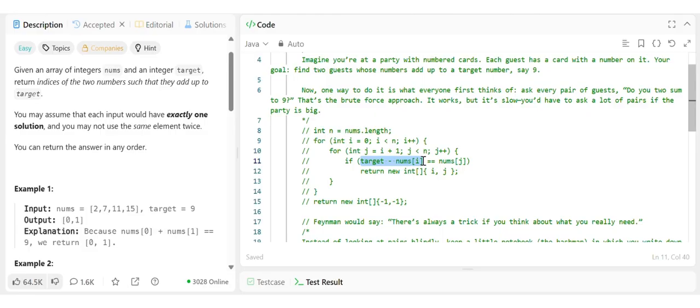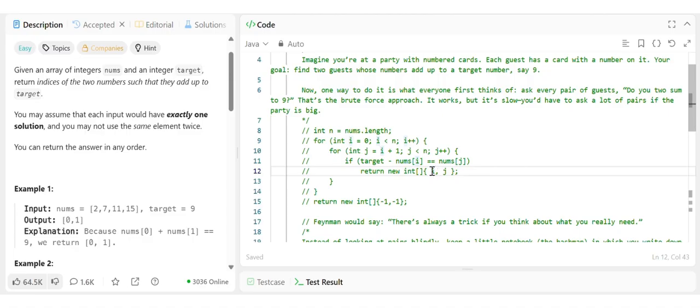If so, we will return i comma j. That is, we will return the index value of the guest sitting on the chair, which is i, and the subsequent guest whose nums of j was equal to target minus nums of i. Because ultimately, nums of j plus nums of i will be equal to target.